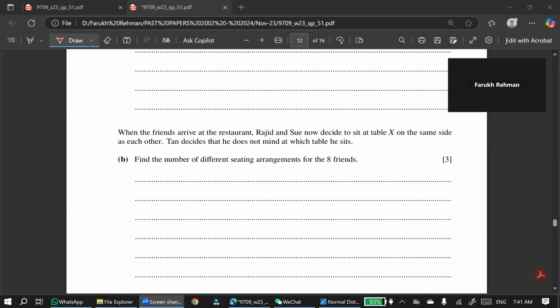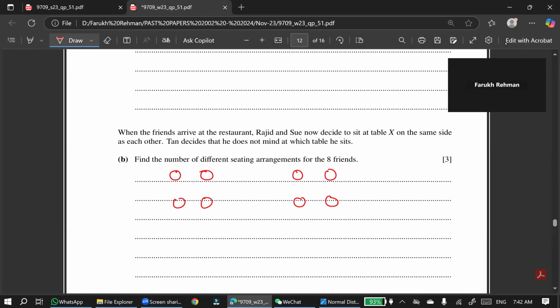Now, Rajit and Sui decide to sit on table X. These are the positions for table X. These are the positions for table Y. Now with 2C2, we will place Rajit and Sui on table X, and they will sit on this side. Okay.